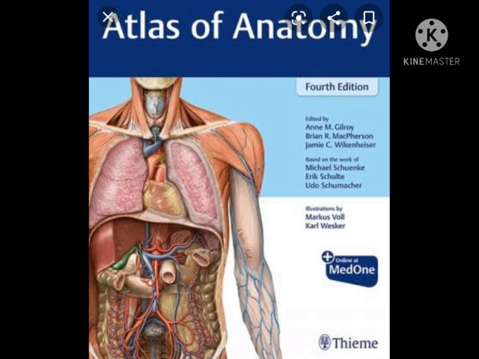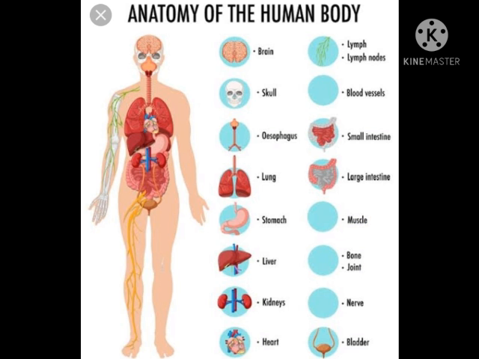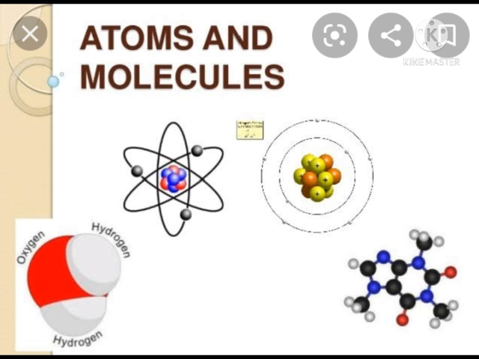Now, before I go into some basics of anatomy, let us first understand what the human body is made up of. It starts from the molecular level, from simple molecules.